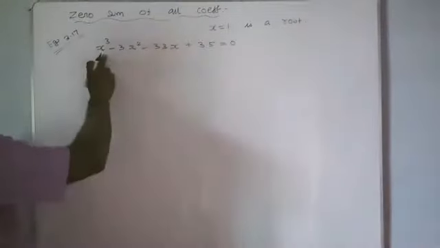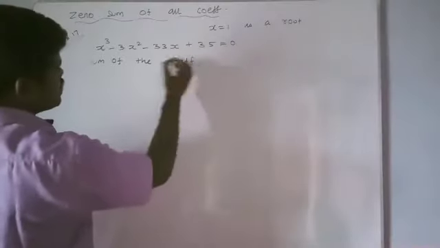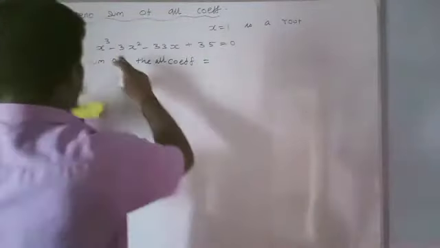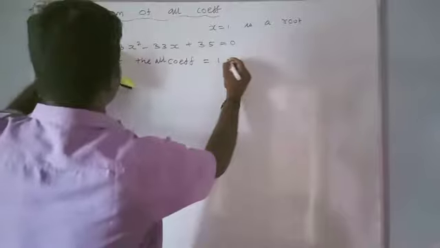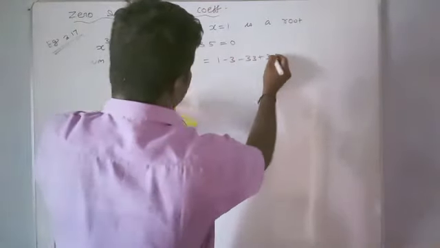x cube minus 3x square minus 33x plus 35 equal to 0. Here, the sum of all the coefficients is equal to what value? The coefficients are 1, minus 3, minus 33, plus 35.